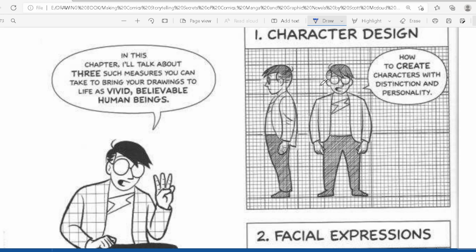Character designing is a very difficult part. When you are making objects like a cupboard, a key, a lock, or a light, it is easy. But when you go into figure drawing, which means character designing, it's very difficult.